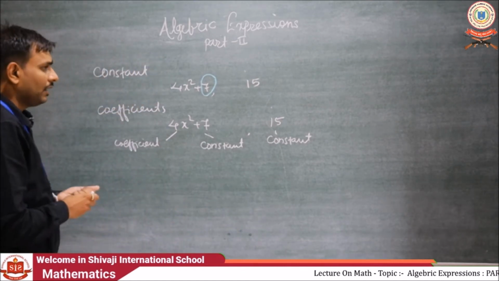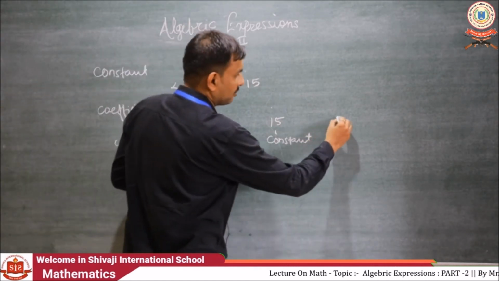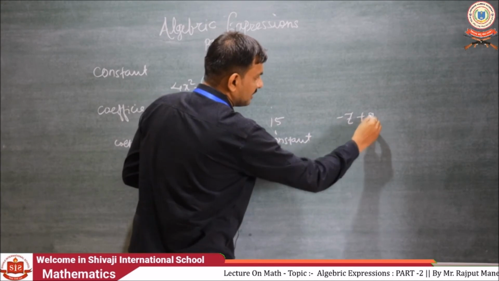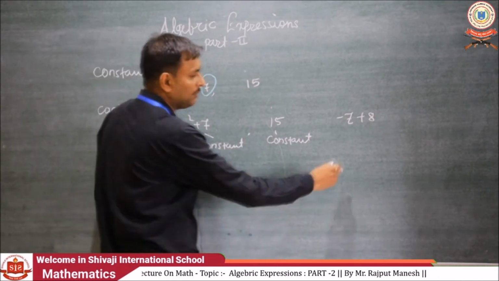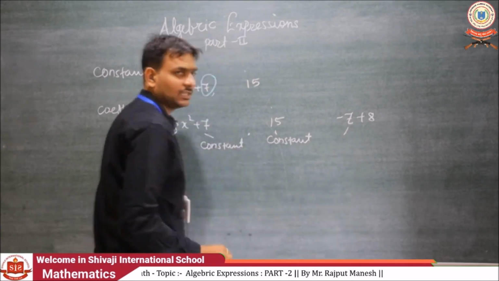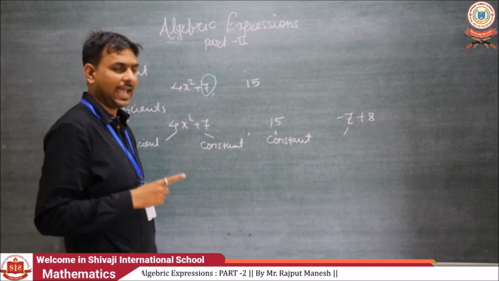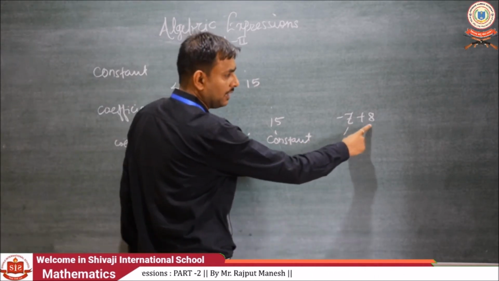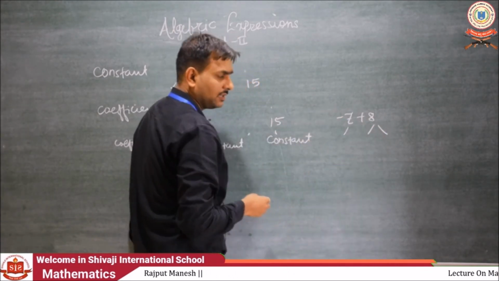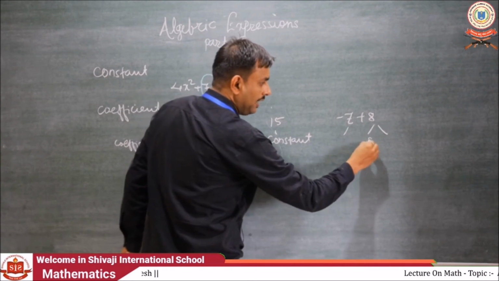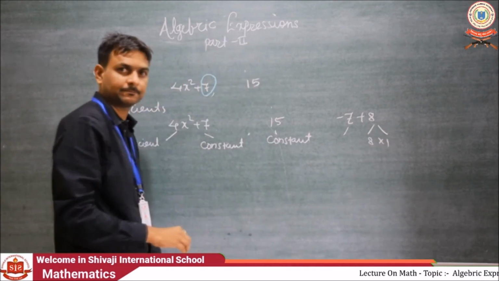Then one more example: suppose I want to take negative z plus 8. Now what coefficient will be here? Negative 1. As we know, if any single number is there, suppose we consider this 8, what are the factors of 8? 8 multiplied by 1. Clear?